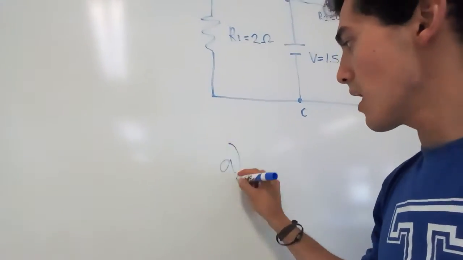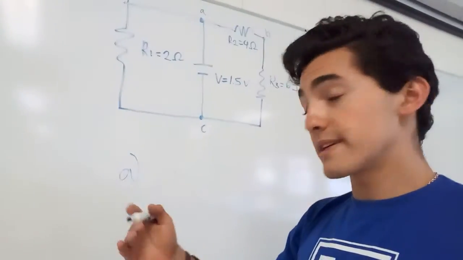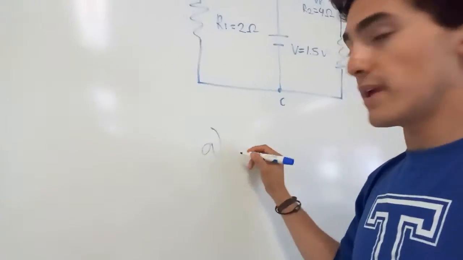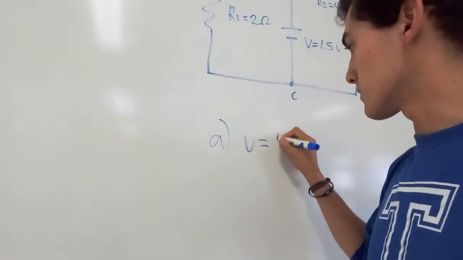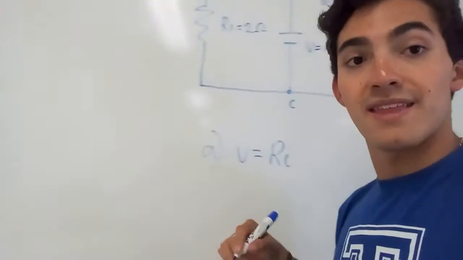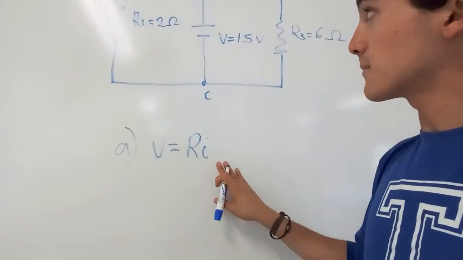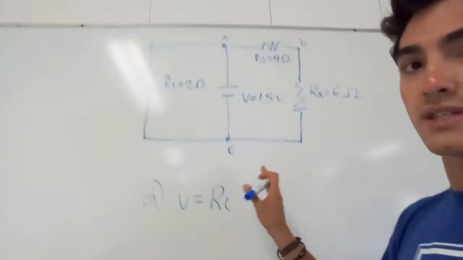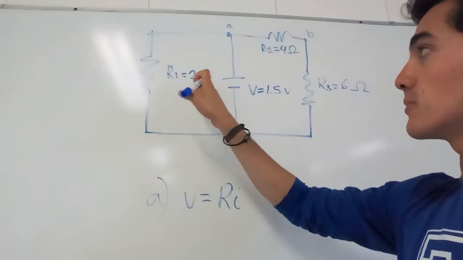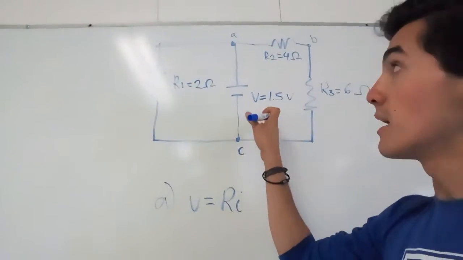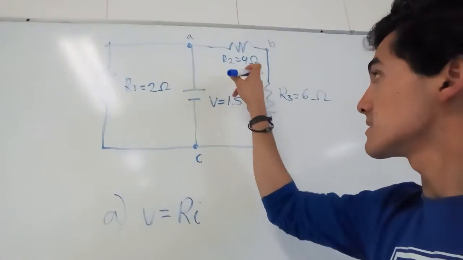First, the first part. For solving according to the voltage, we have to consider this formula, that the voltage is equal to the resistance times the current. And we have to determine first which is the relationship between the resistances. Here we know that these two parts are in parallel, but here we have two resistances in series.